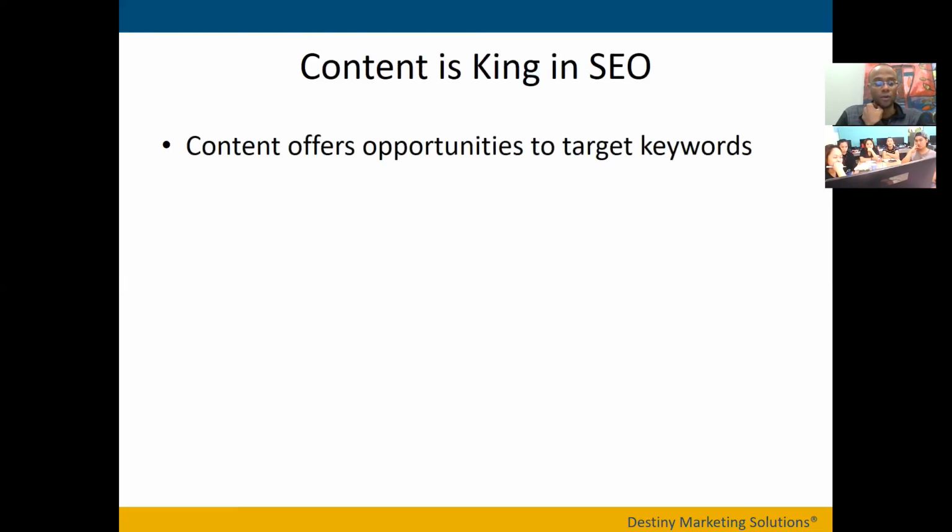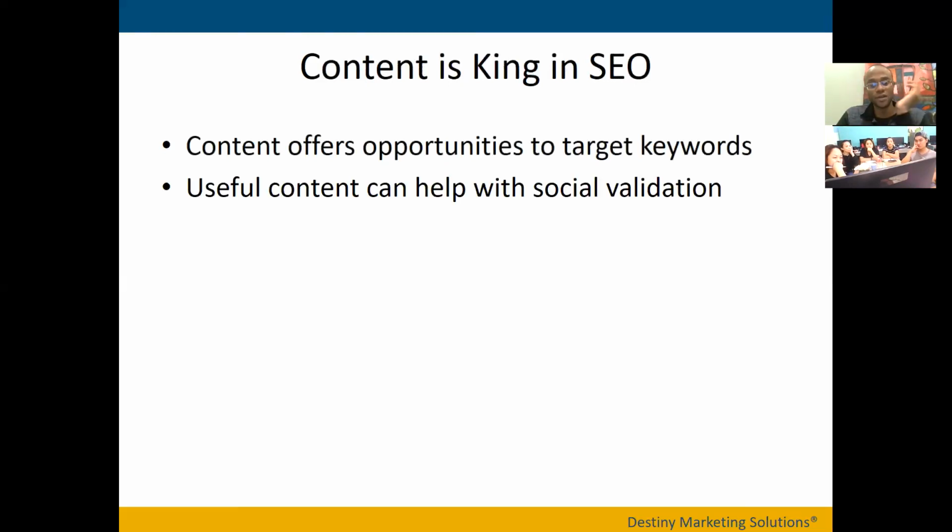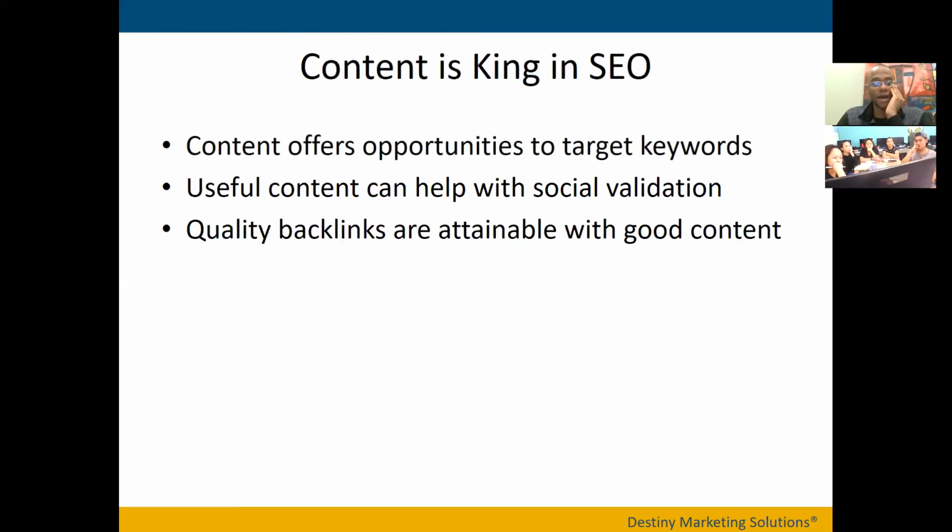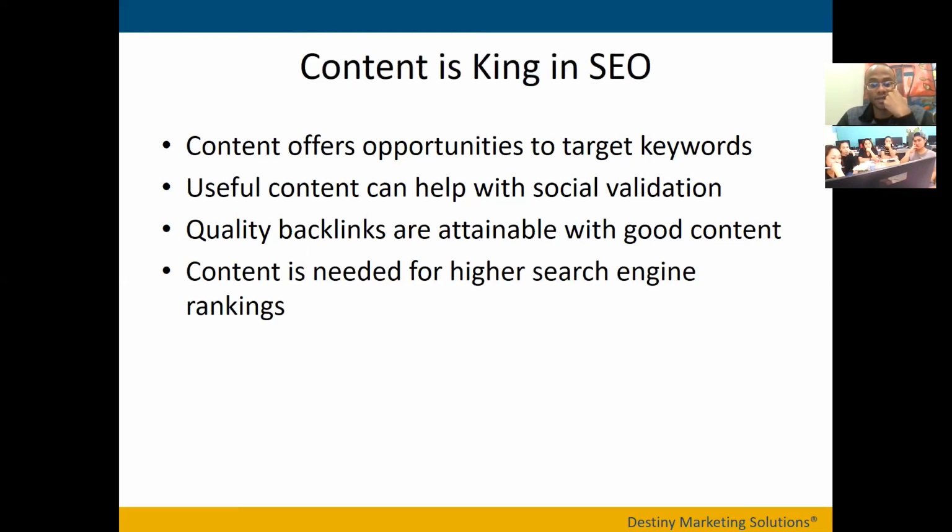The more content that you have on a website, obviously the more opportunities you're going to have to incorporate target keywords naturally. Useful content can help with social validation. Quality backlinks are attainable with good content. People want to link to and share articles that are helpful or really entertaining. Content simply is needed for higher search engine rankings.